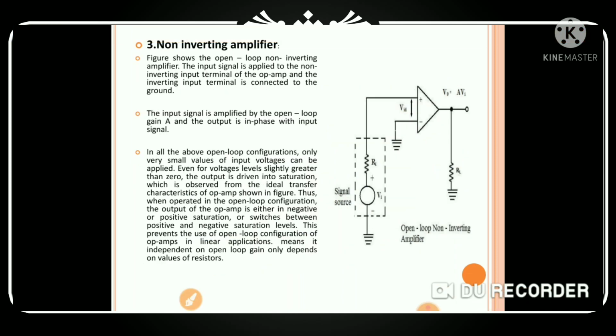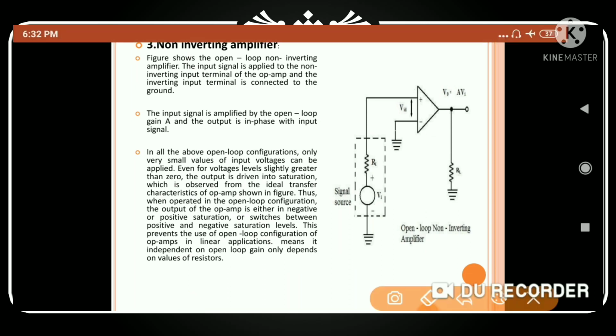Next one, the non-inverting amplifier. It is easy. Study the first two well, then you will easily write this. Non-inverting amplifier means the input is given to the non-inverting terminal, and the inverting terminal must be in ground. This is the output, this is the load resistance, and this one is Ri.